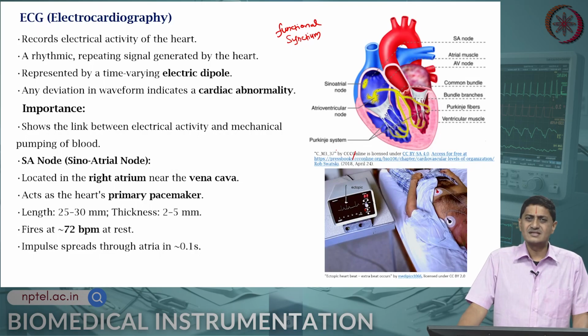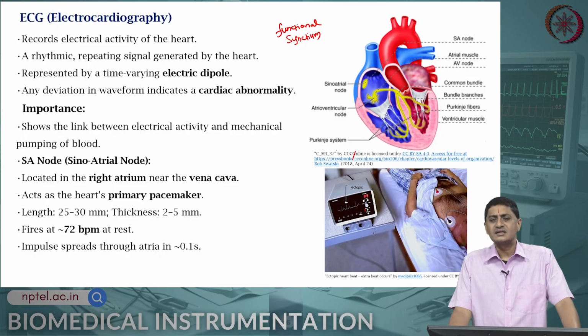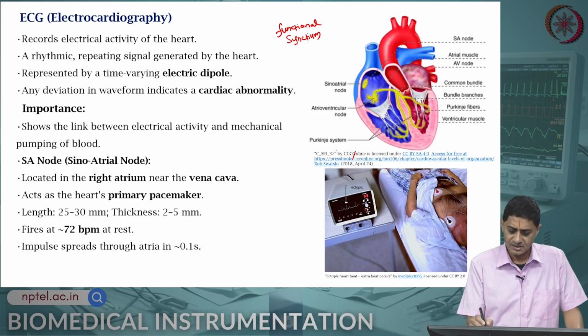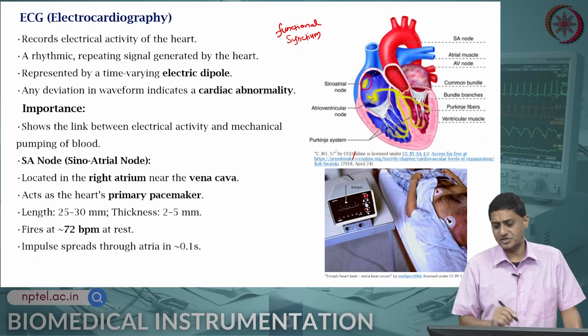So this electrical activity is naturally transmitted from what is called the natural pacemaker of the heart, also called the sinoatrial node. This is the sinoatrial node in this picture.